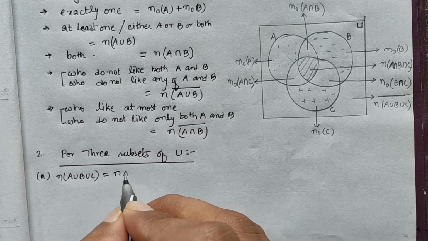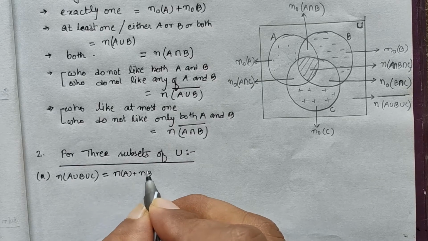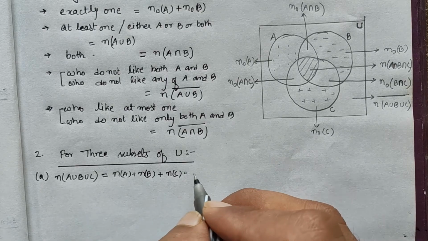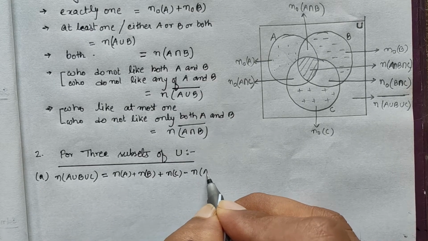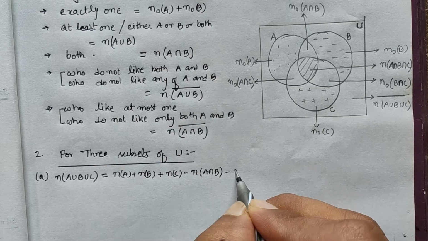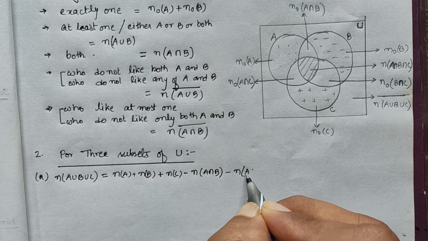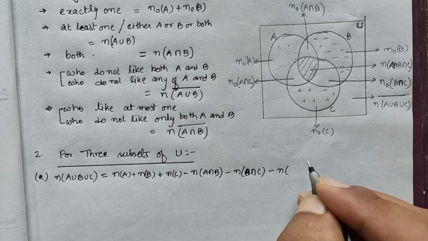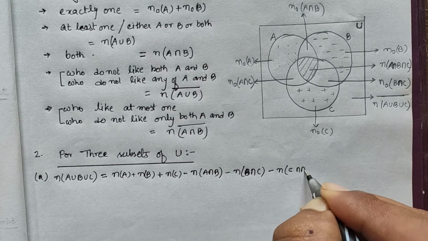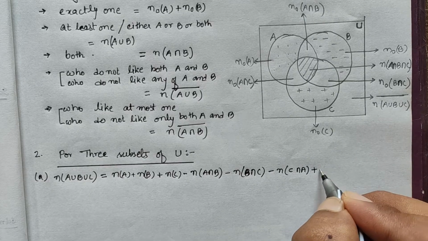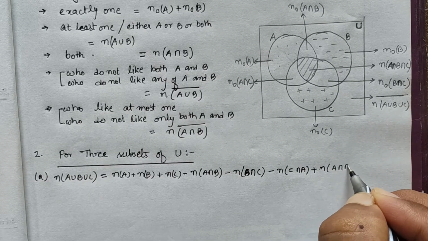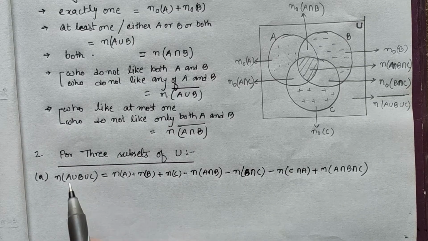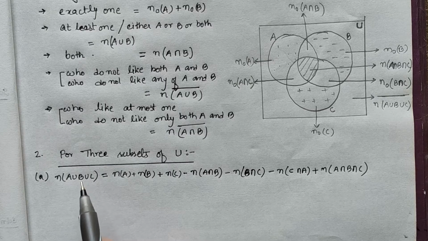For this we have the formula n(A) plus n(B) plus n(C) minus n(A intersection B) minus n(B intersection C) minus n(C intersection A) plus n(A intersection B intersection C). Okay, let's discuss this formula.